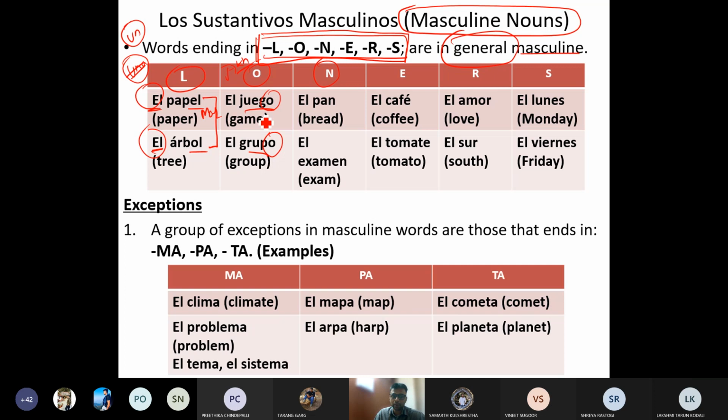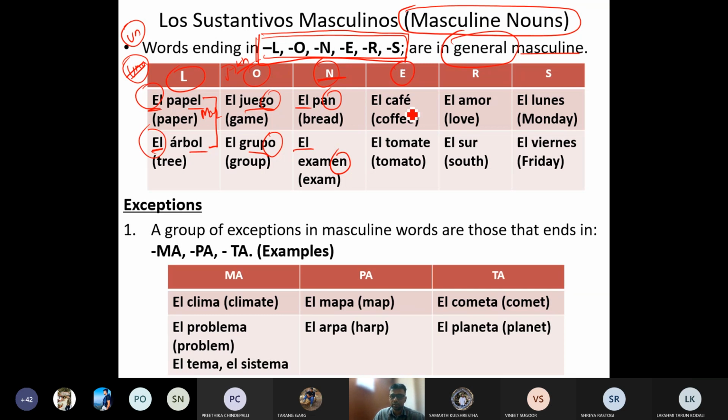I'm telling you these are not the only 2 examples. There are more nouns in Spanish which end with these letters, but just for example I'm showing you 2 in the list. When we do the exercise part, you will find more. The third one is ending with the letter N, so it is pan and examen. Both are masculine and we are using el with both of them.